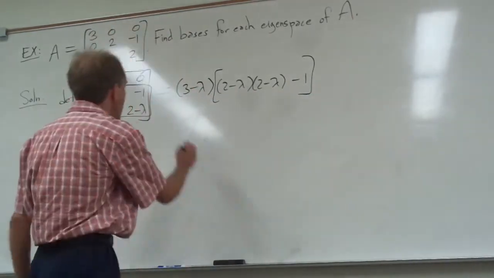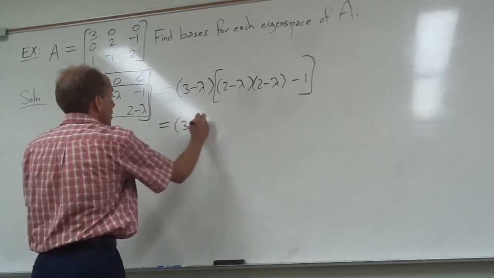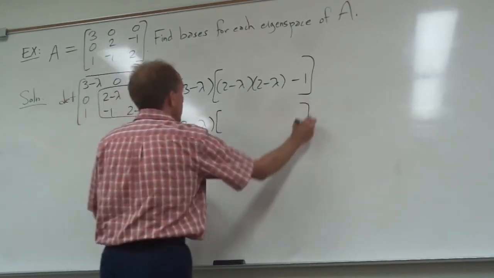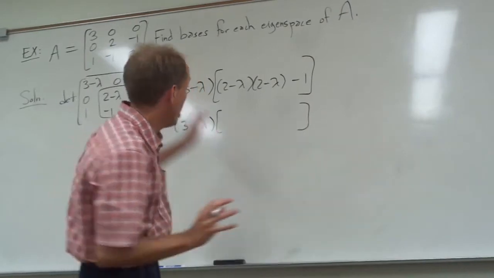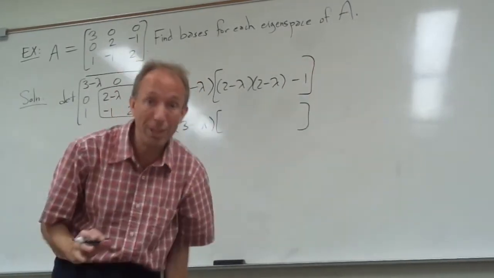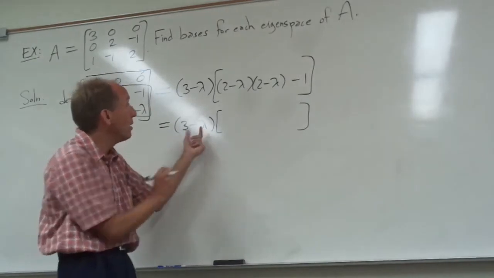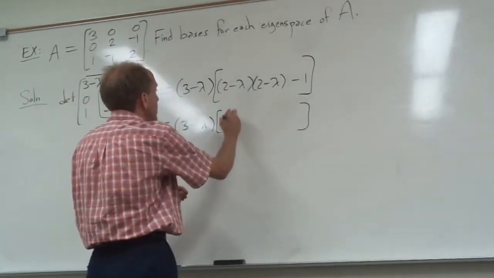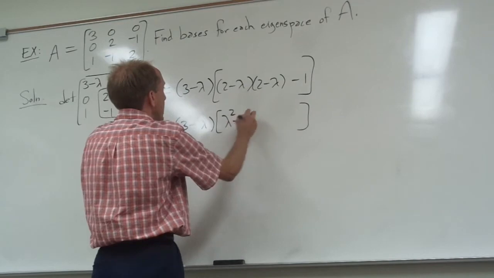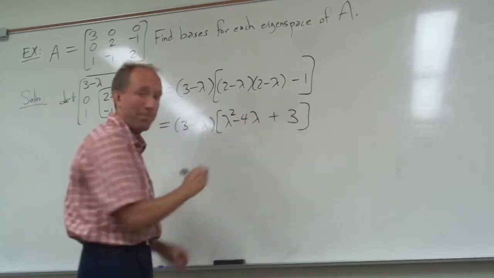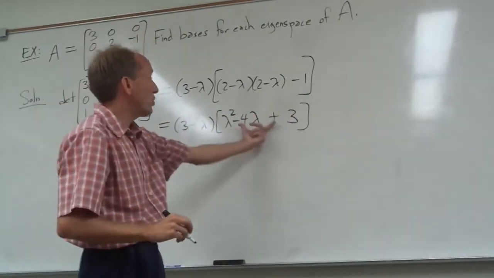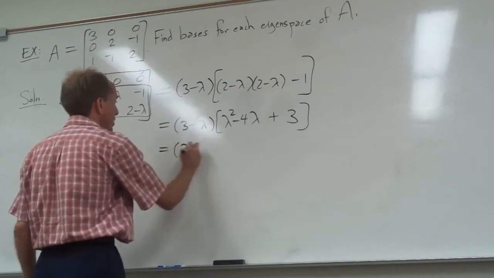I don't want to multiply it all out, or I'll end up with a nasty cubic equation. I want to leave it with the 3 minus lambda factored out. And now the part in the parentheses here, lambda squared minus 4 lambda plus 3. Okay? This is just a quadratic, and it actually factors very nicely.